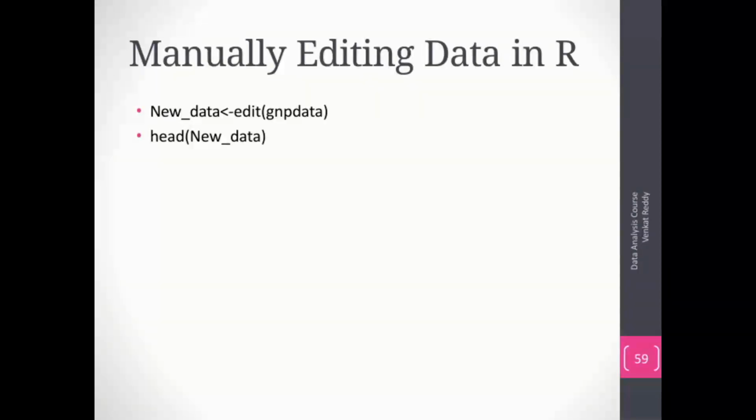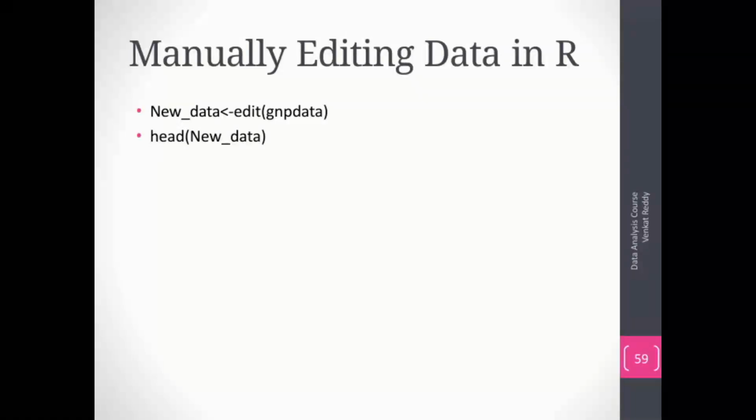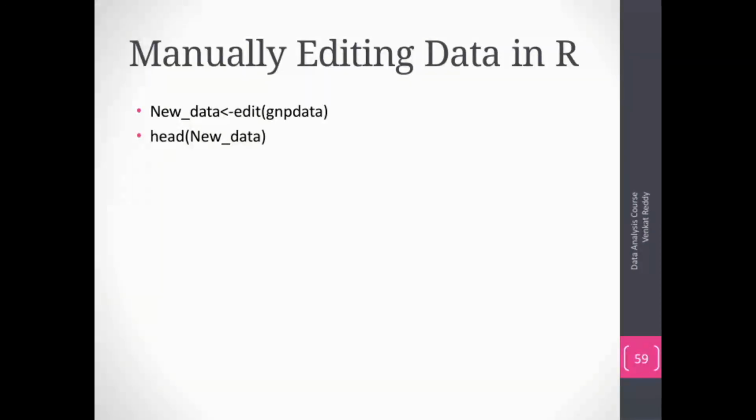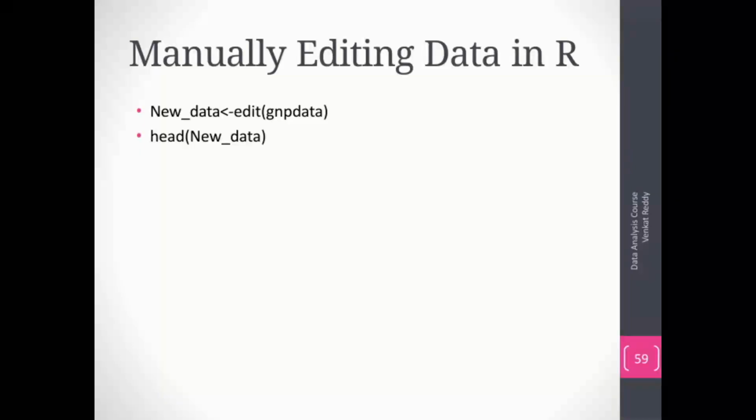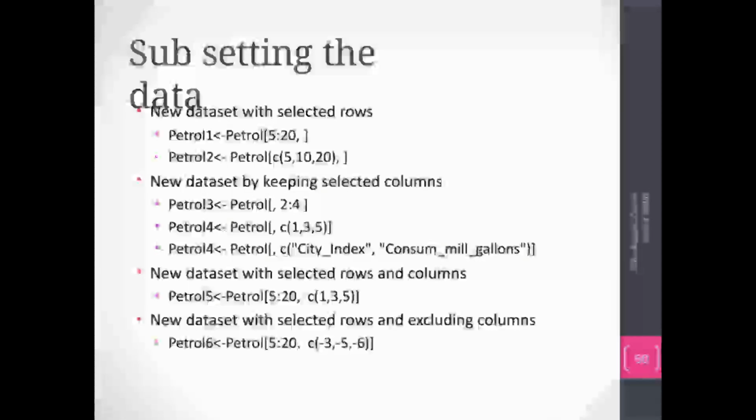Next, we look at selecting specific rows by their indices, like Petrol 2, which includes only rows 5, 10, and 20. This approach is helpful when you're interested in particular data points. Moving on to columns, Petrol 3 demonstrates how to keep certain columns, specifically columns 2 to 4. This helps us narrow down our dataset to the variables we care about.